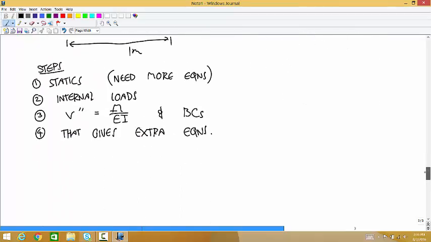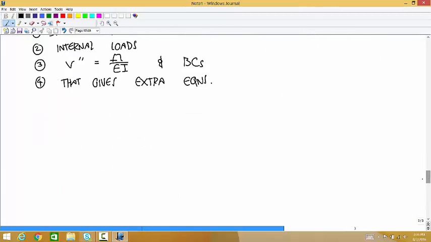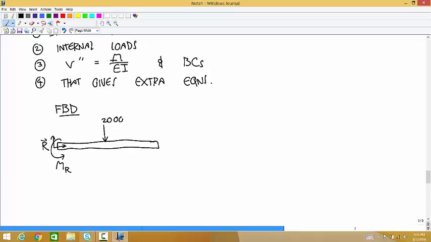So first the statics. At the wall, we have a force of R and a couple MR. We have a total force of 20,000 newtons. And then we have the roller at the right end.